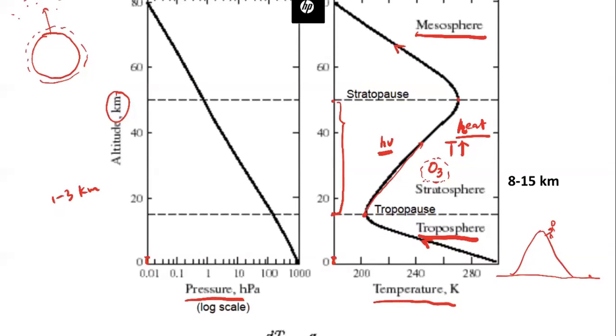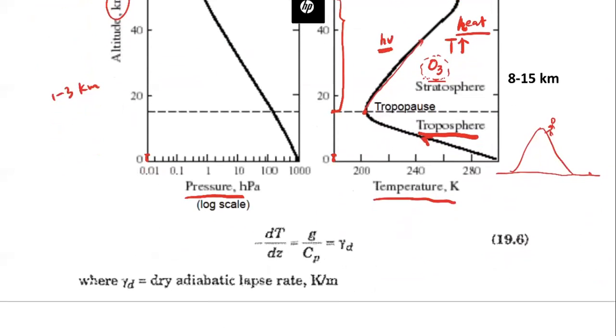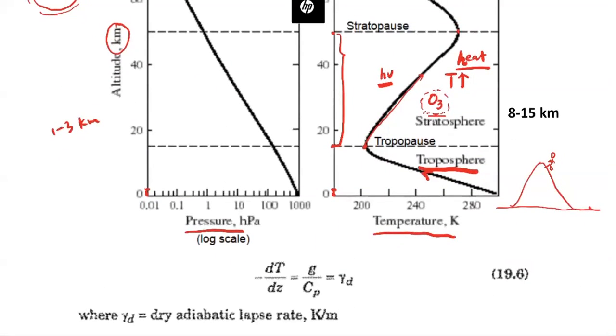Since we explained why the temperature is going to rise in the stratosphere, I wonder if you also thought about why the temperature is going to cool down in the troposphere. Okay. So let's imagine the movement of an air parcel.